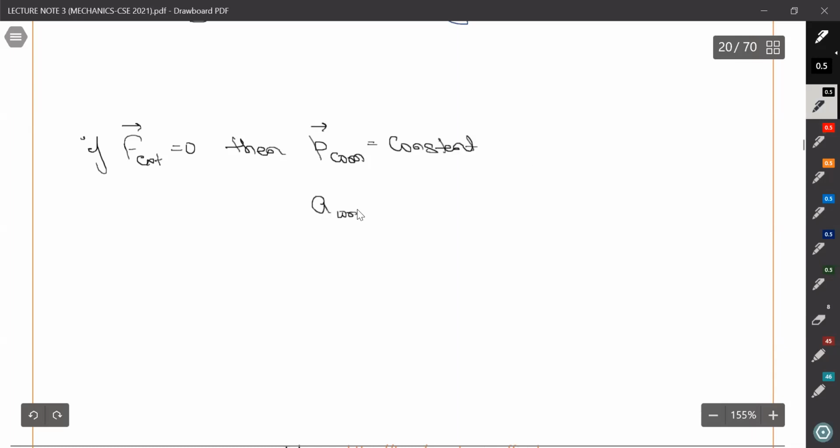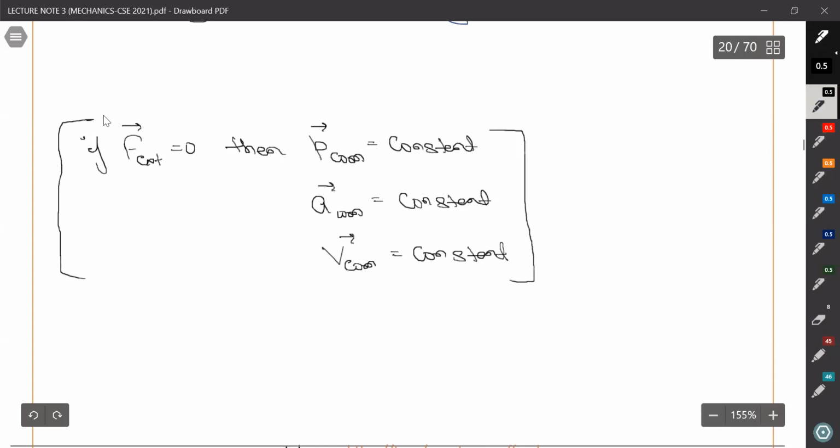A of center of mass is constant. V of center of mass is constant. Right. So we can conclude these points when we say the external force is 0, right?